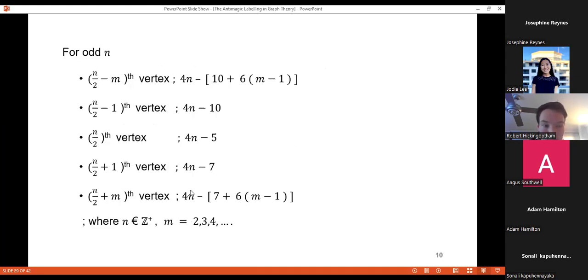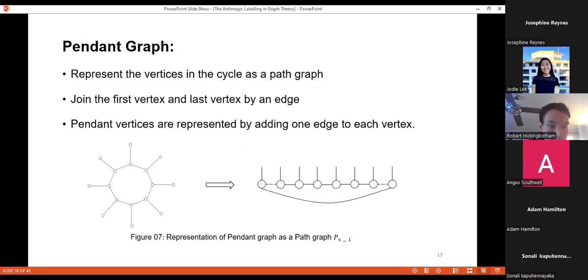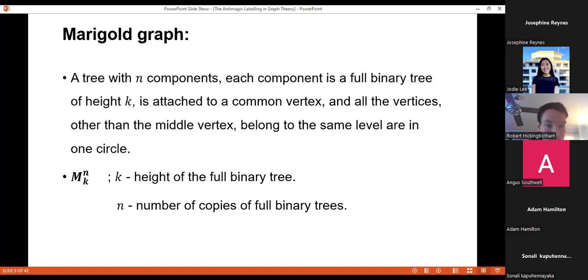Yeah, sure. Here we introduced this marigold graph, and this graph is created using n copies of full binary trees of height k, and in this graph one copy is considered as one petal.